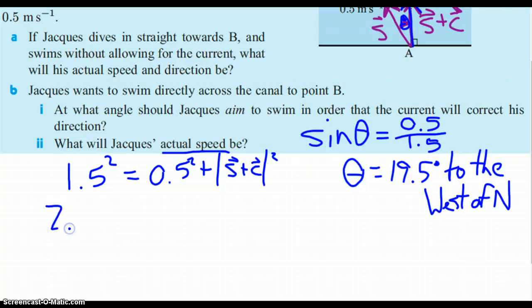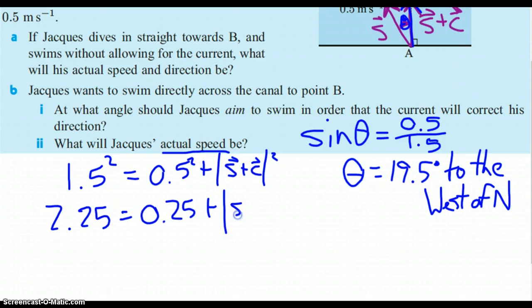Again, this is 2.25. This is 0.25 plus the magnitude of S plus C squared. I subtract 0.25 from both sides, and then I'm going to have to square root.